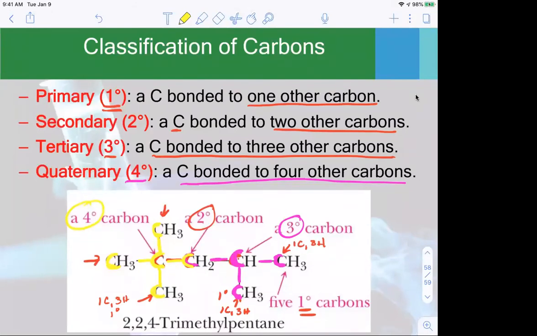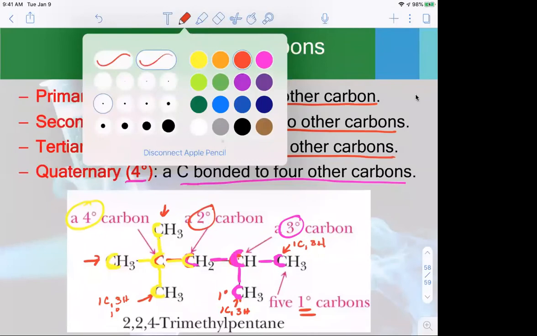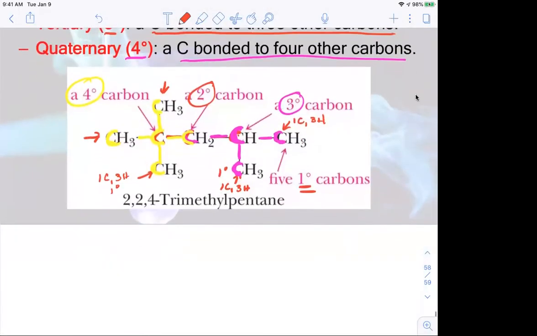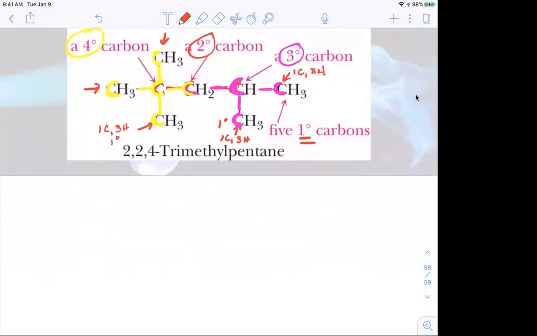So let's think about what that meant when we were talking about those groups, right? If my attachment is right here to my parent, and I have 1, 2, 3, 4. Remember, this is just a butyl group.